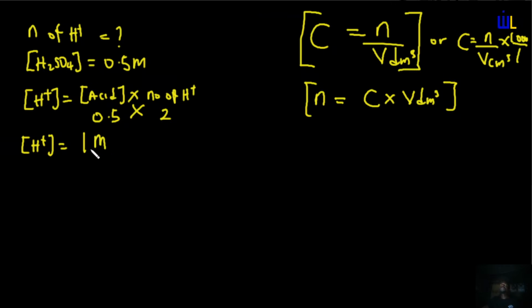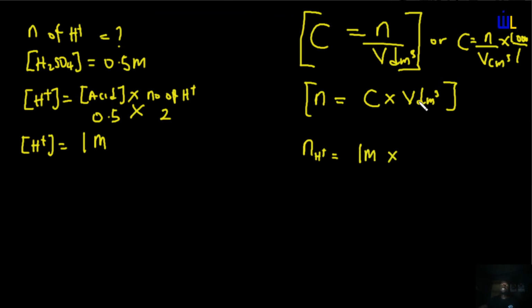Now please remember, you are not asked to find the concentration of hydrogen ion, you are asked to find the number of moles. And when you are asked to find the number of moles, it equals concentration times volume. If you look at the question, the number of moles of hydrogen ion will equal the concentration, which we found to be 1 molarity, multiplied by the volume in the question.